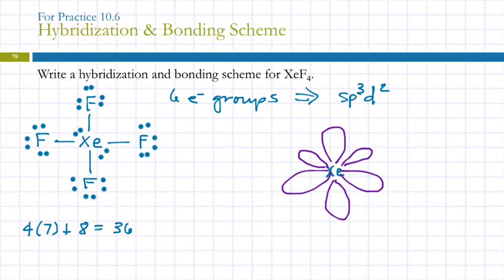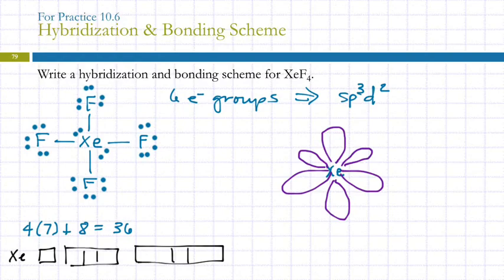So each of these orbitals has 1 electron in it. No, that's not true. Let's look at xenon's electron diagram. We don't have to do this, but I think it's helpful. So there are 8 valence electrons, right? The normal arrangement for a xenon atom is like this, where we've got the S and the P, and the D's are empty.